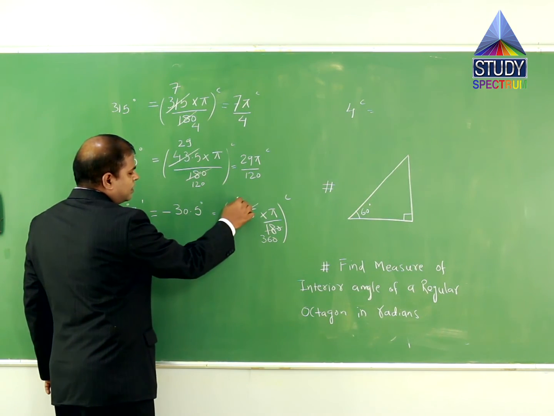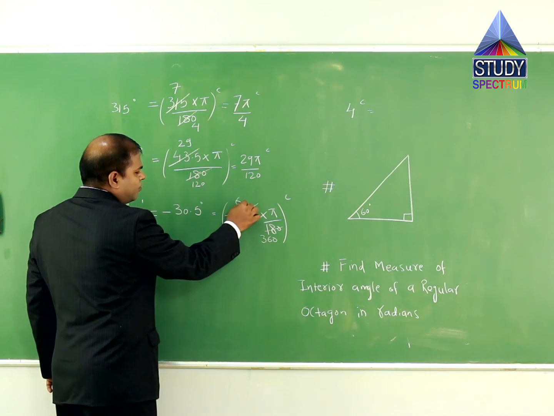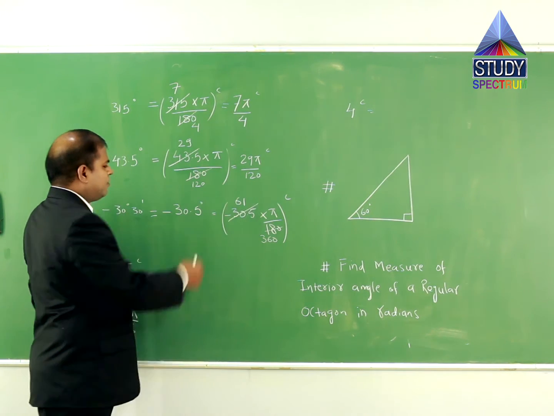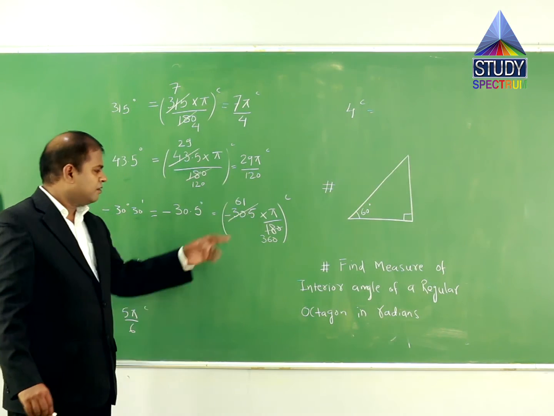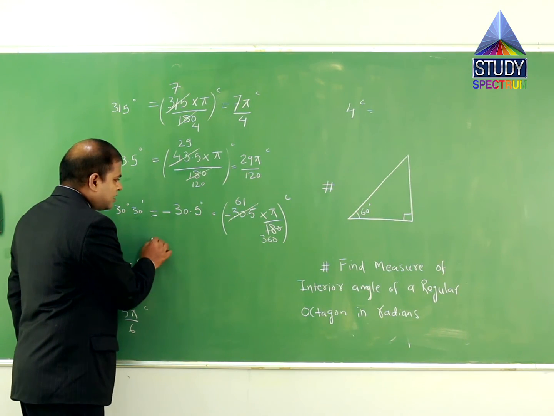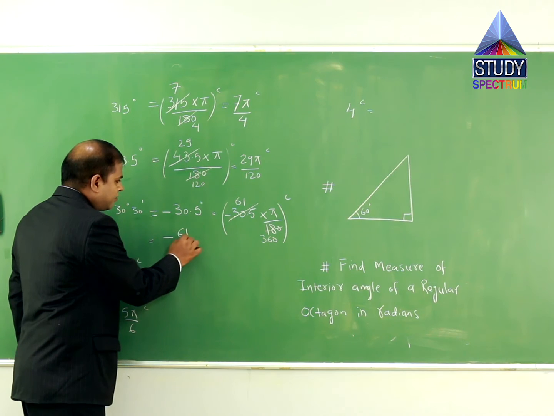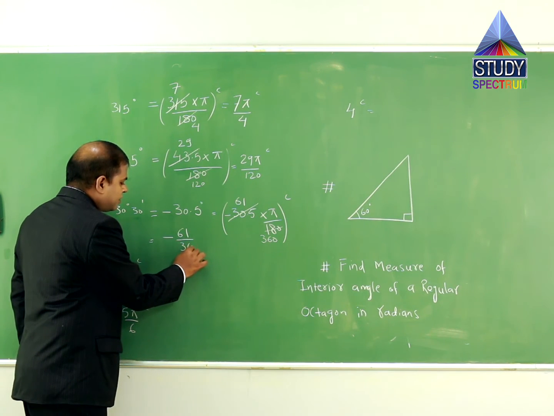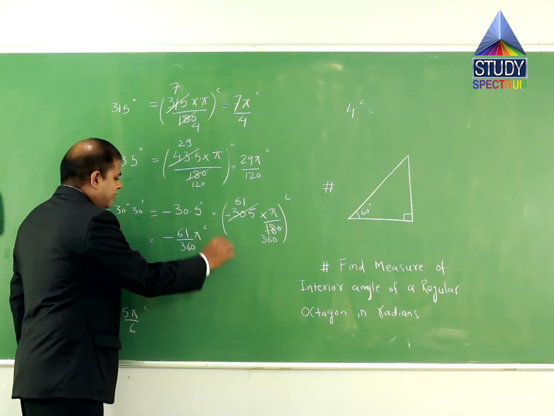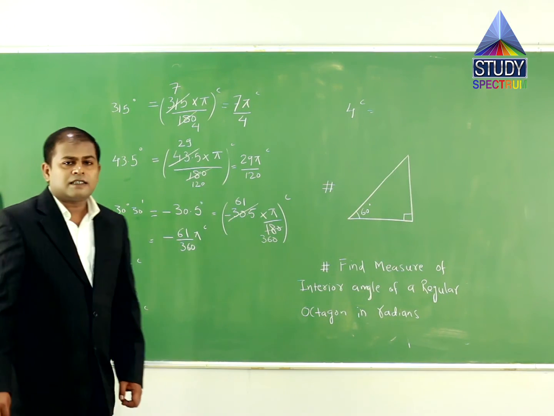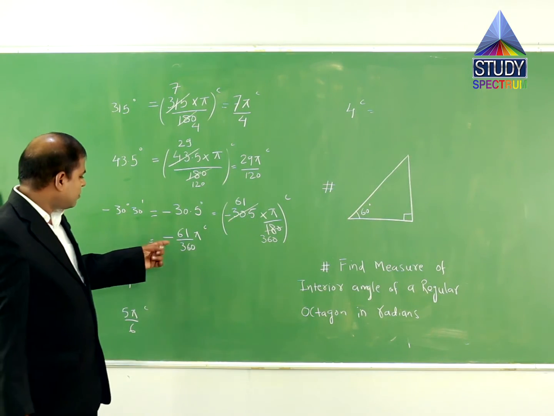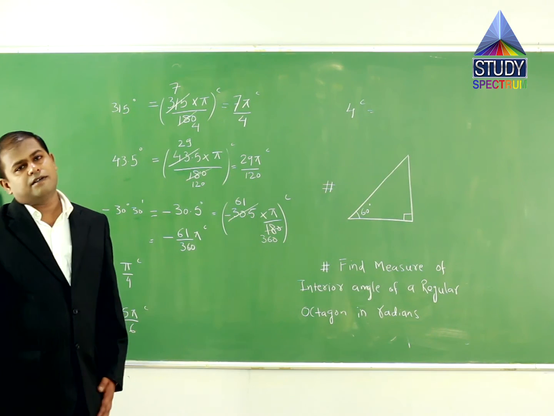Dividing, we get 61, if I divide by 0.5 instead of 5. So answer is minus 61 by 360 pi radians. So minus 30 degrees 30 minutes is nothing but minus 61 by 360 pi radians.